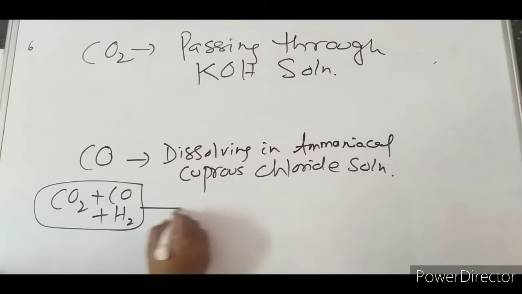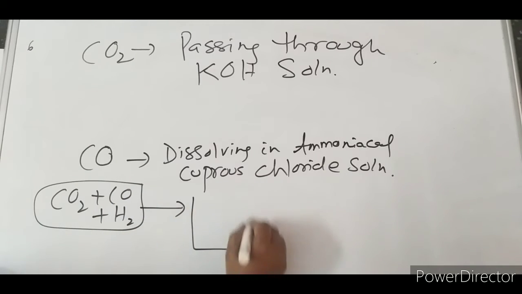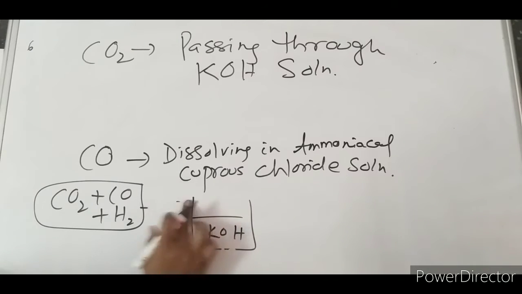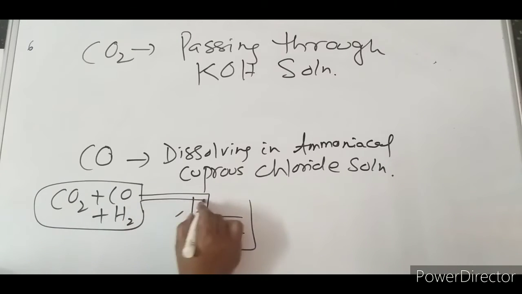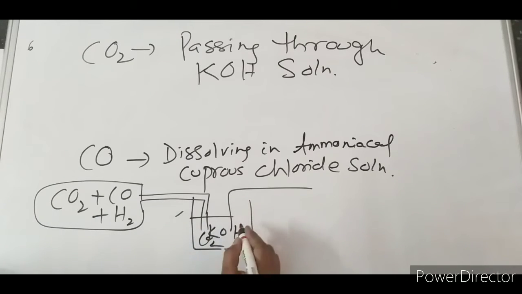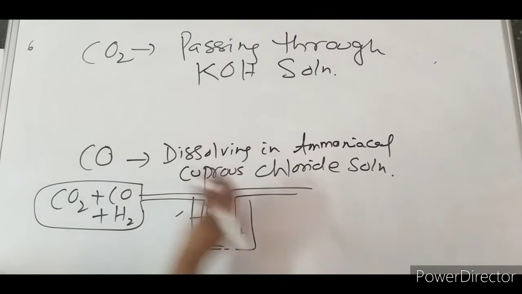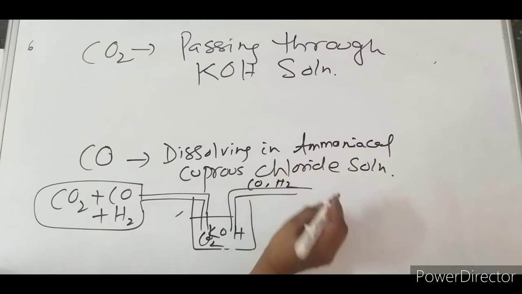All this mixture has to pass through KOH solution. This is the rough diagram. When it passes through KOH solution, the carbon dioxide gets dissolved. Then we are getting carbon monoxide and hydrogen.